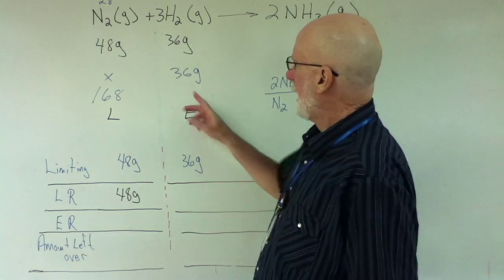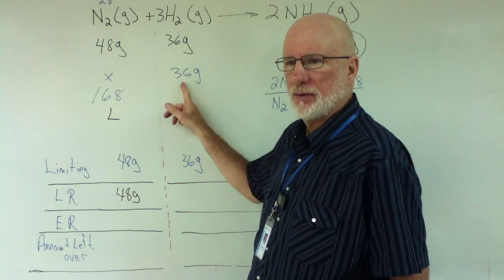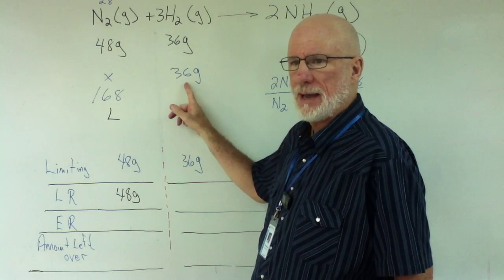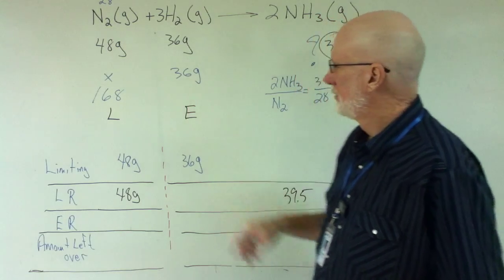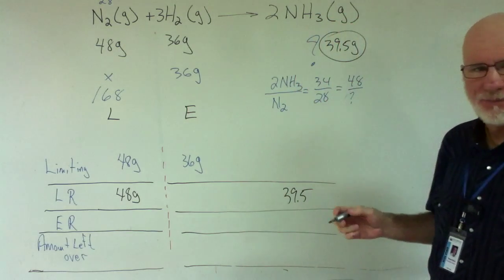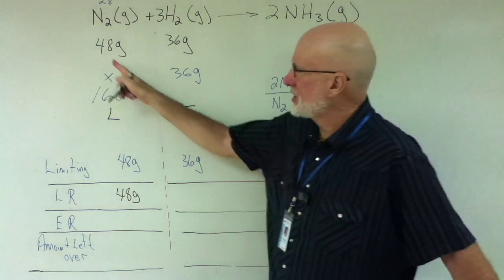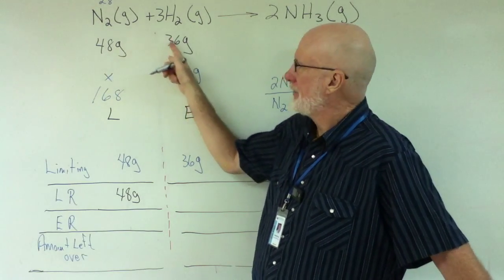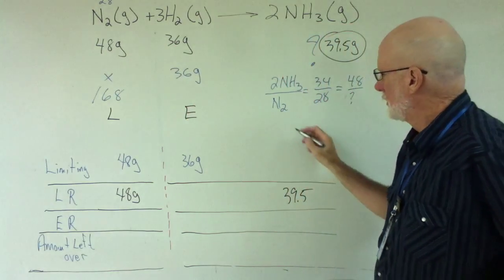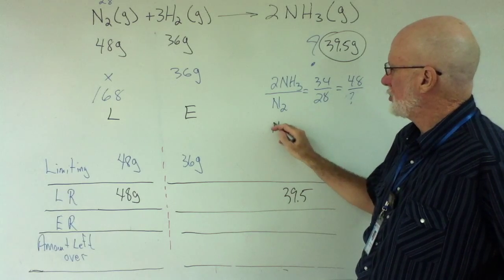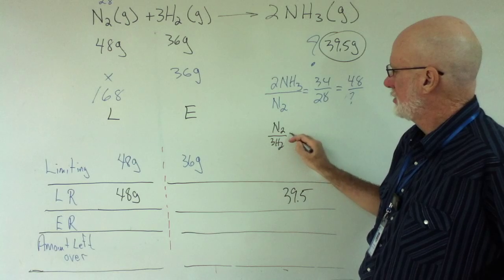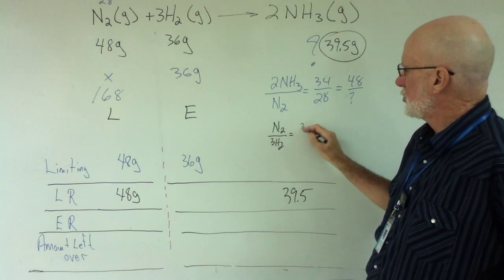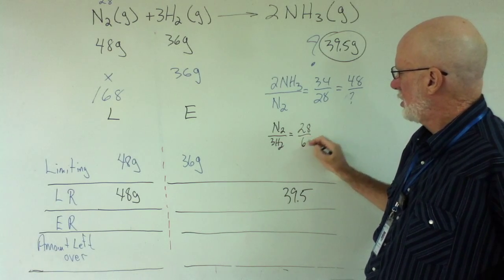Now, how much of that are you going to have left over? Shall we do that? If I burn all this, how much of this will I burn? So I'm going to compare nitrogen to hydrogen, and then I'm going to say 28 over 6.